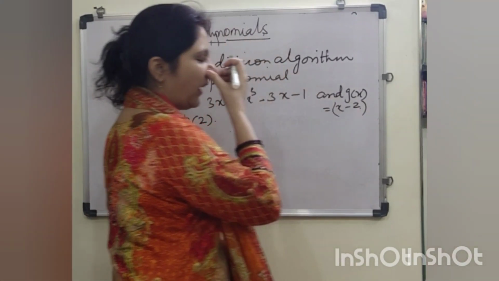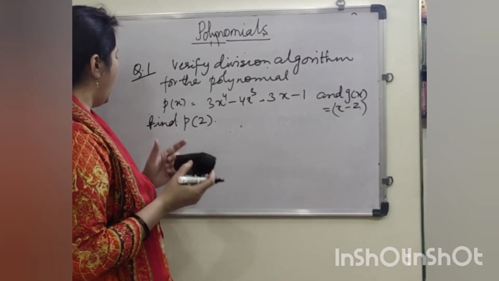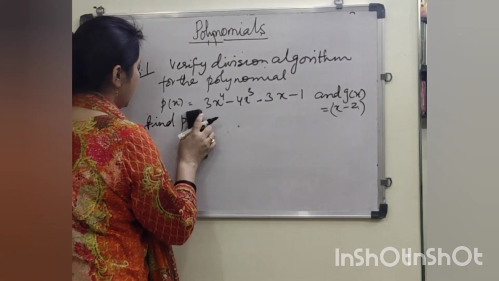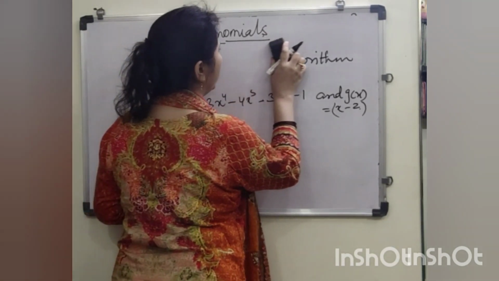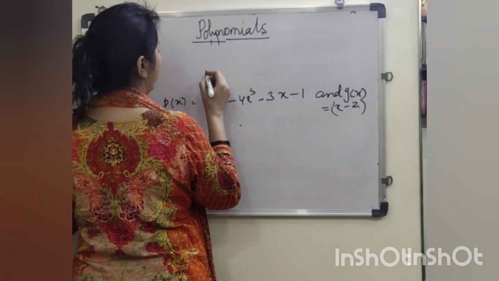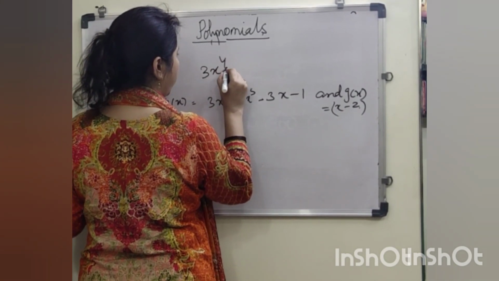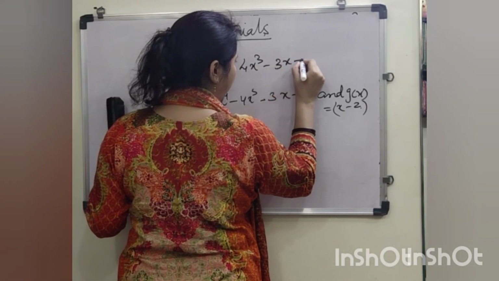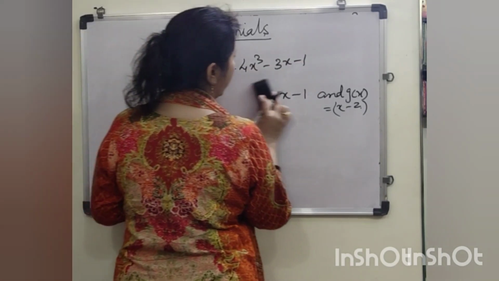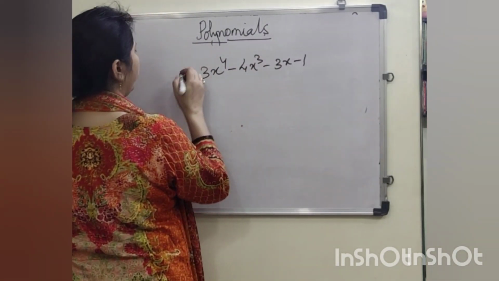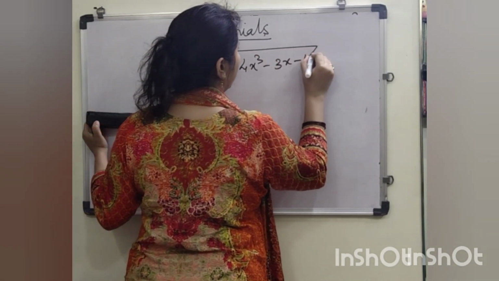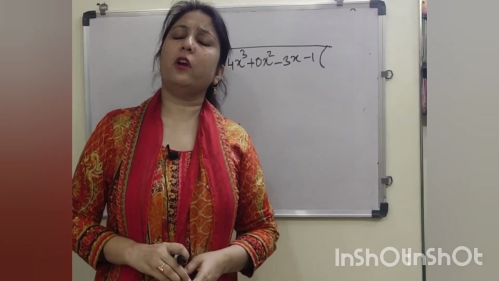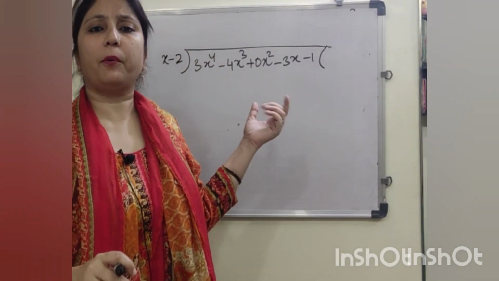You have to verify the division algorithm as well as find p(2). p(2) we will find later on, but let's do this division algorithm for this polynomial 3x^4 minus 4x^3 minus 3x minus 1. But I am writing it in this division form, x minus 2. Now, seen the question, let's begin with the process.